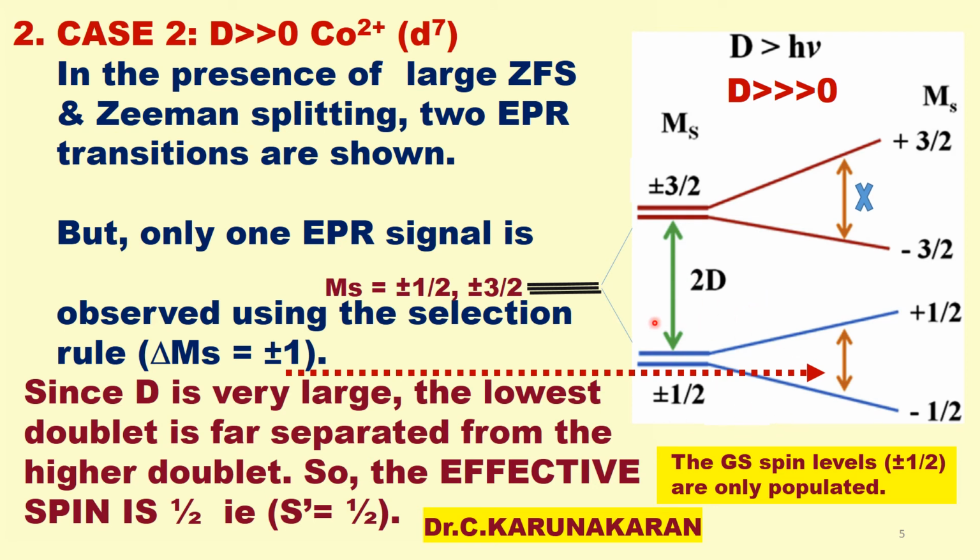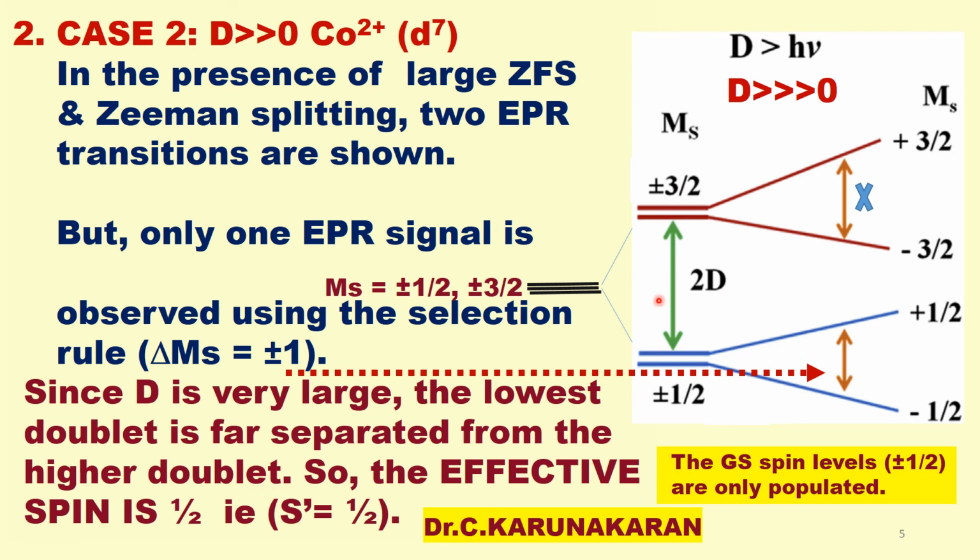Since the zero field splitting D is very very large, the lowest lying doublet is far separated. The difference in energy between the lower lying doublet and higher lying doublet is large.